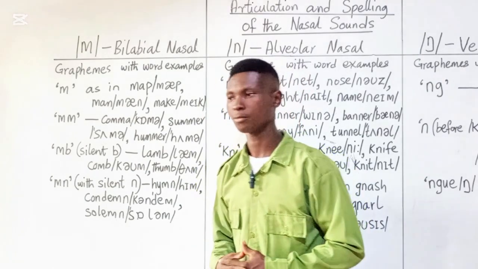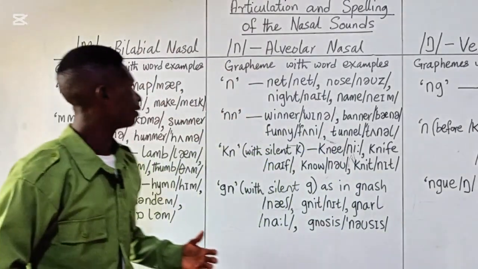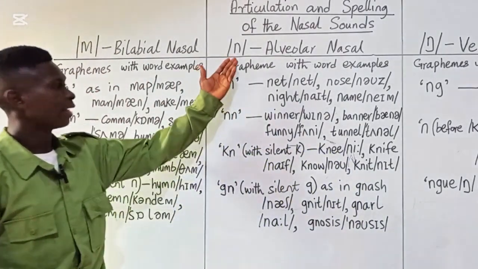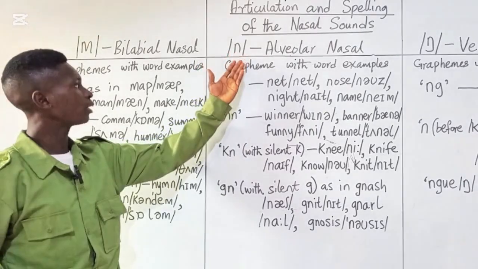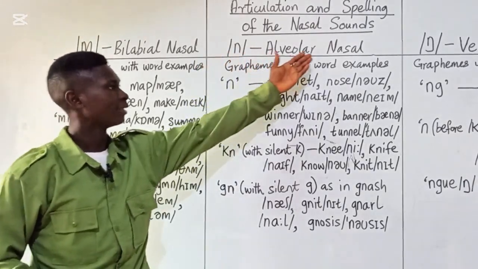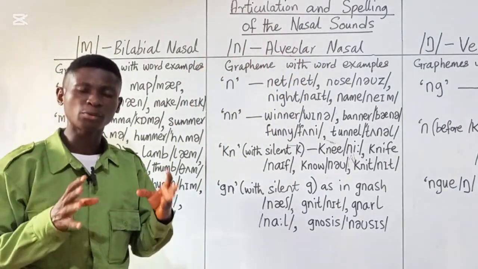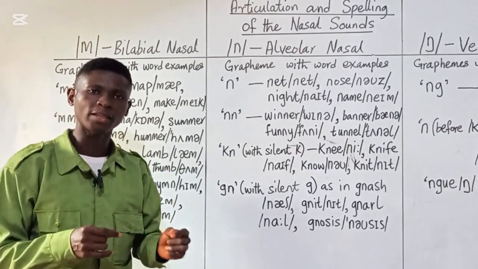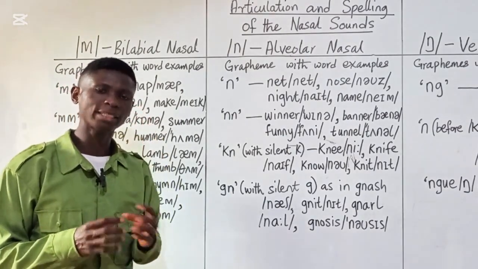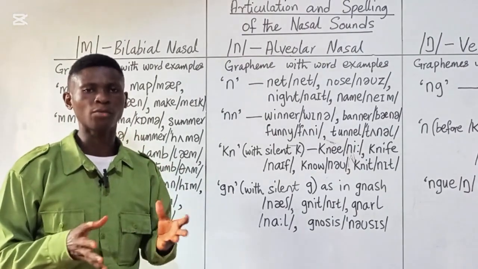Moreover, let's consider the next nasal sound we have here, which is the alveolar nasal. Alveolar sounds are those sounds produced with the help of the tooth ridge, which is otherwise known as the alveolar ridge.